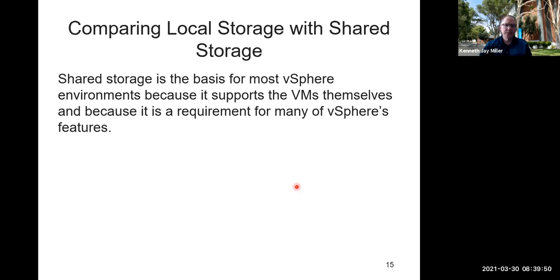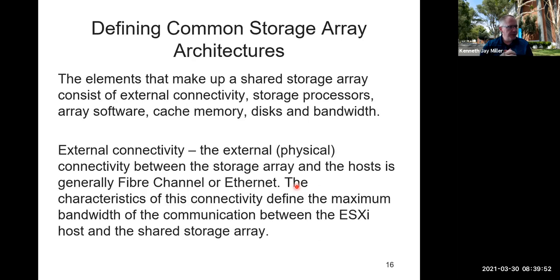The elements that make up a shared storage array consist of a couple of different things: the external and network connectivity, and the processor in the shared storage box. These SANs are like standalone computers that have their own processor, and they also have the array software, the cache memory, the disks, and the bandwidth.